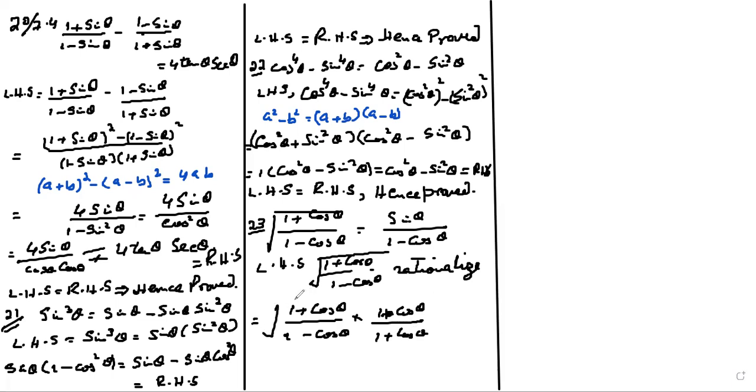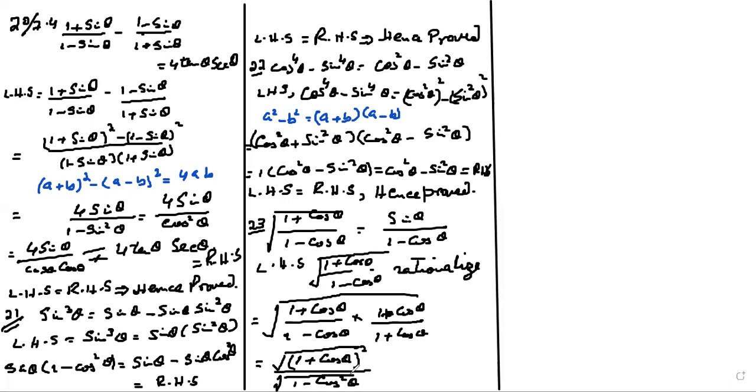So on the numerator, we have (1 plus cosine theta) whole square, with the root. And on the denominator, we have (1 plus cosine theta) into (1 minus cosine theta), which equals 1 minus cos square theta. And this is also under the root.